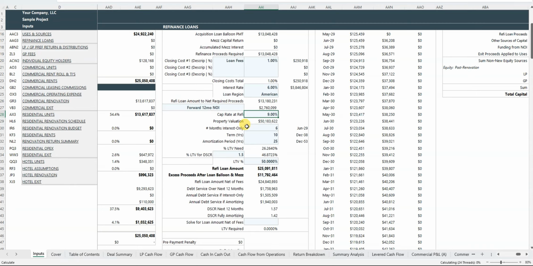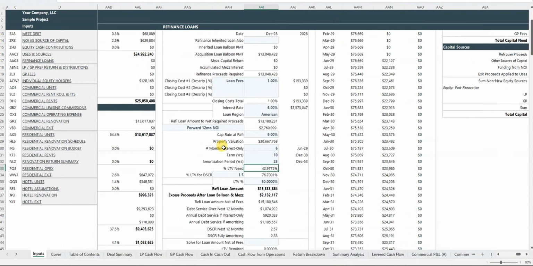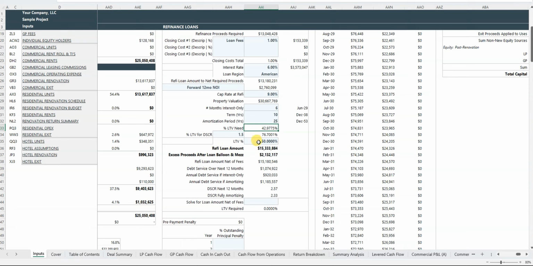And then the model is going to tell us, well, if you have 6 months interest only, a 10-year term, 25-year AM, to pay off the acquisition loan that's outstanding at that time in December of 28, there's $13 million outstanding, so you need a 43% LTV to pay off the loan. And so if I just come in and say, well, let's do a 60% LTV, that gives us a loan amount of almost 18.5 and puts $5 million in our pocket after paying off the first loan, and our DSCR is still healthy.